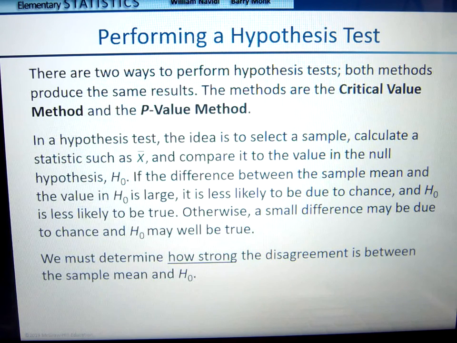If the difference between the sample mean and the value in the null hypothesis is large, it's less likely to be due to chance, and the null hypothesis is less likely to be true. Otherwise, a small difference might be due to chance, and the null hypothesis may well be true.